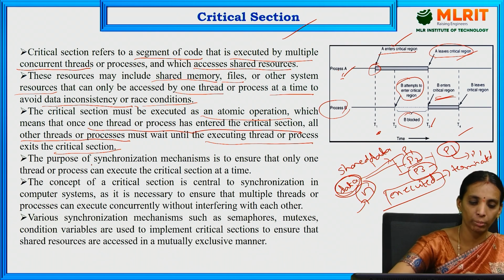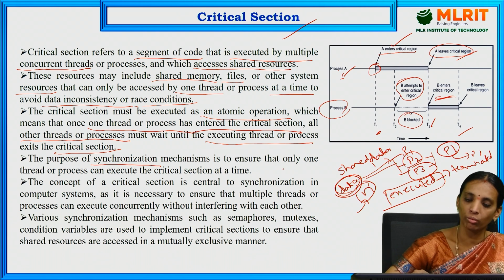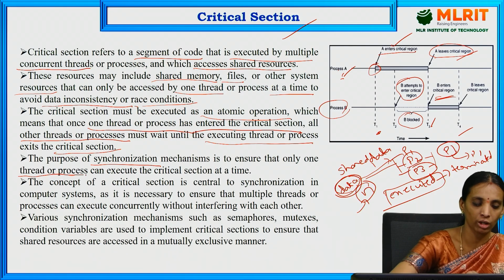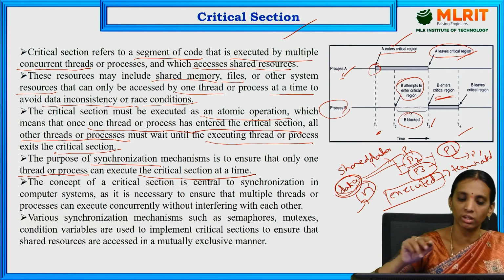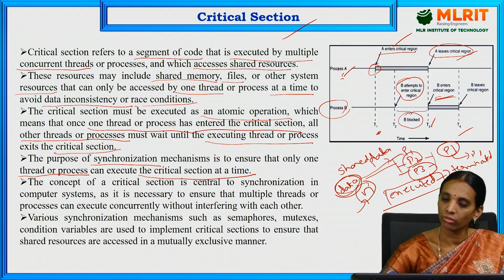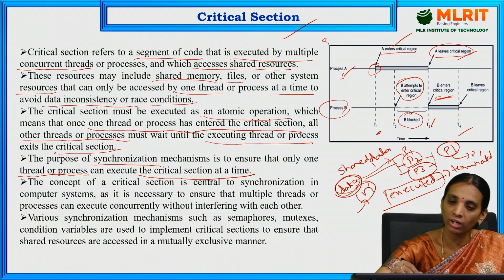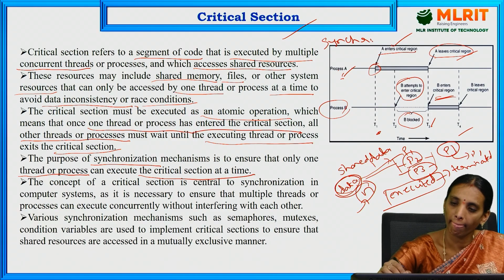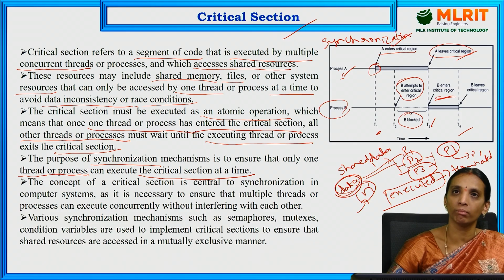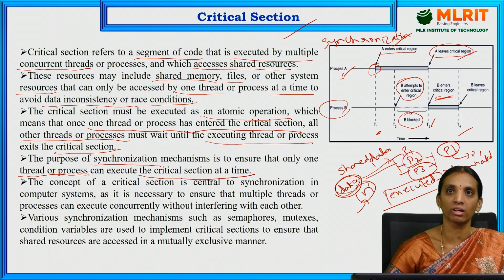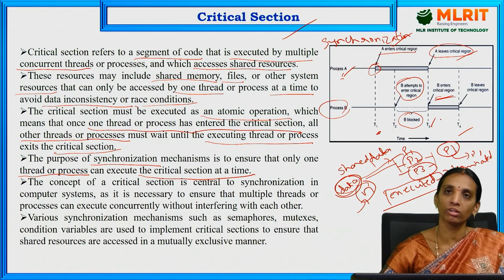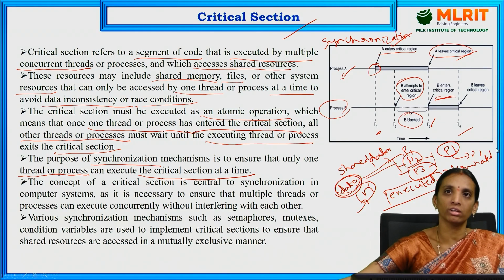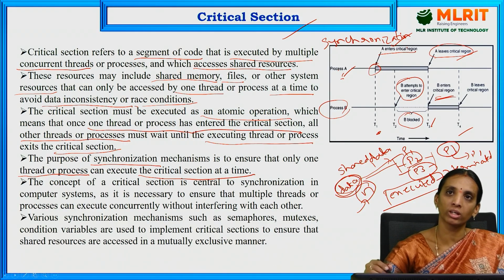The purpose of the synchronization mechanism is to ensure that only one thread or process can execute the critical section at a time. Synchronization mechanism means that when one process enters the critical section, all other processes must go to the waiting state until the first process completes its critical section.